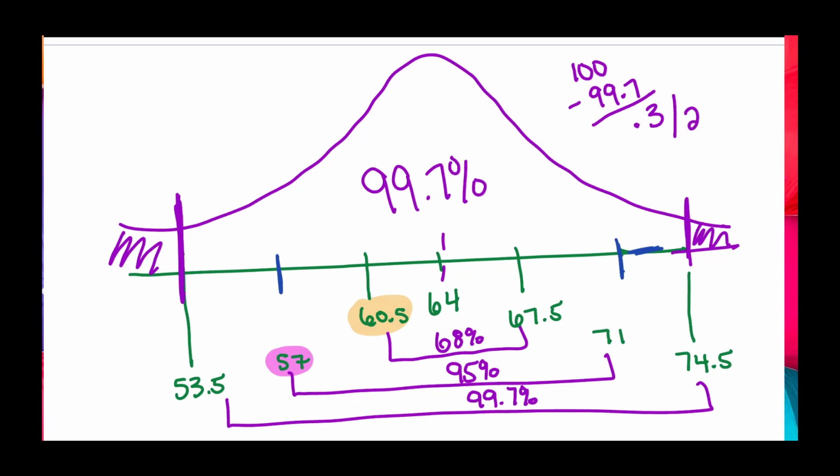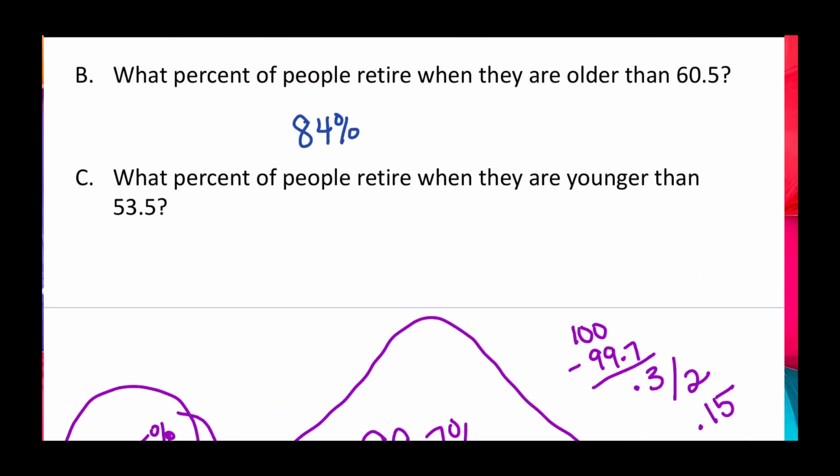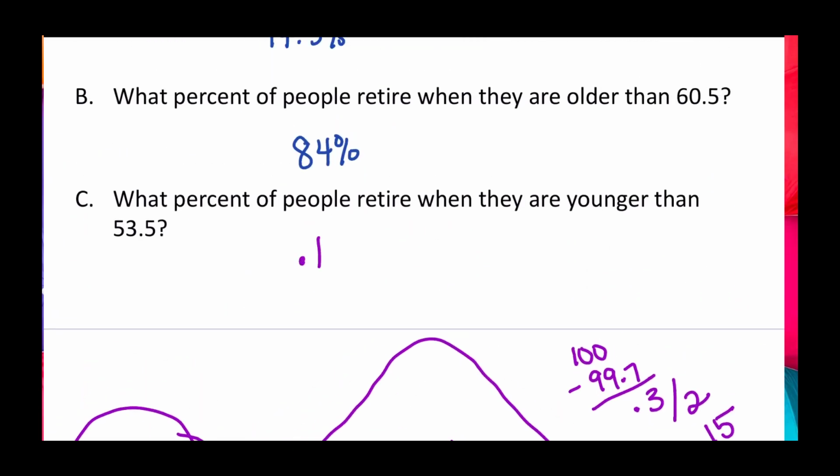So if I divide that by 2, 0.3 divided by 2 would be 0.15. So it's 0.15% over here and 0.15% over here. So what percent is younger than 53.5? It'd be 0.15%. So a very small percent that is.